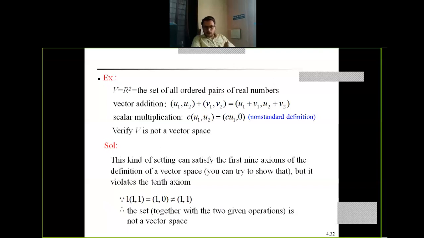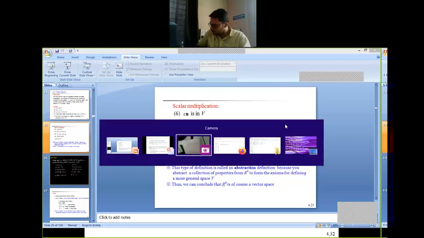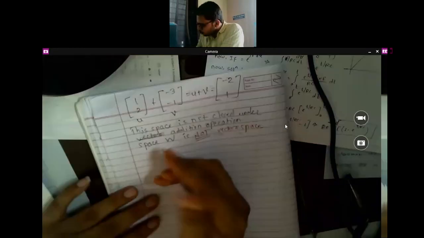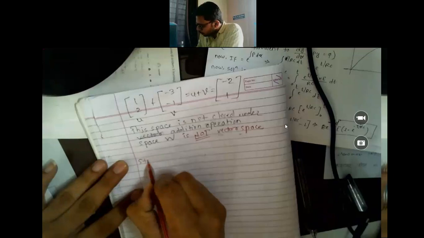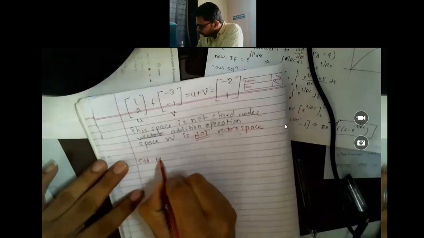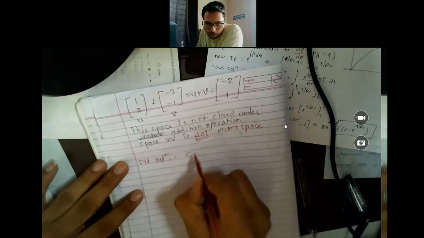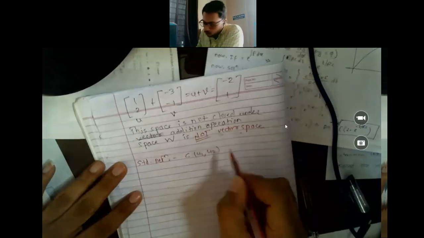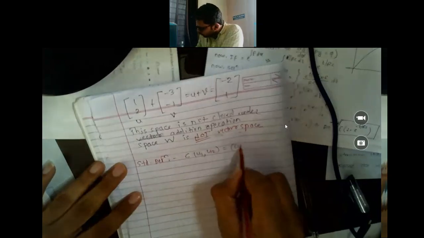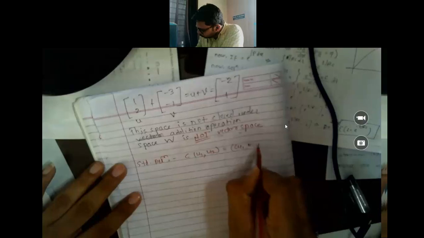So what do you mean by non-standard definition? The standard definition of scalar multiplication would have been c of (u1, u2) equal to (cu1, cu2).